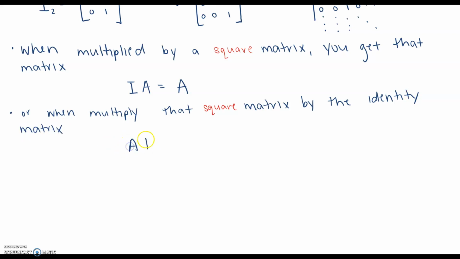So matrix A times the identity matrix will also give you matrix A.